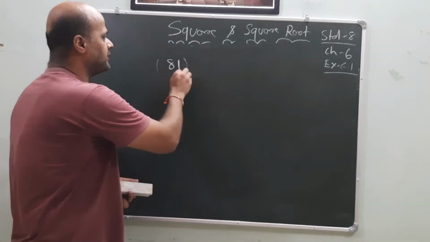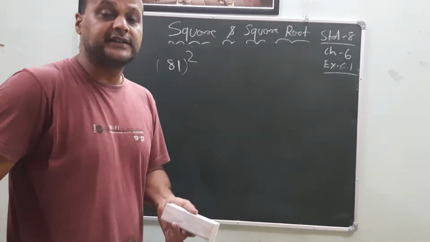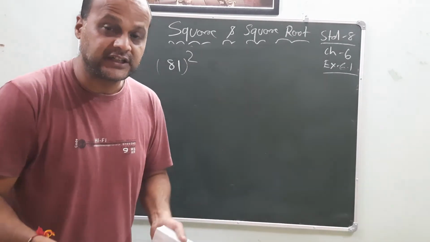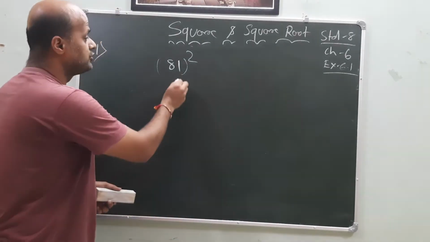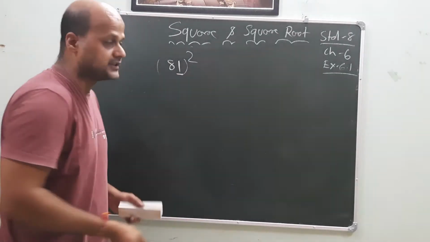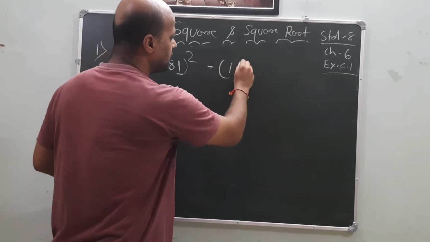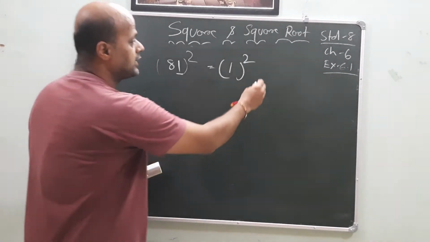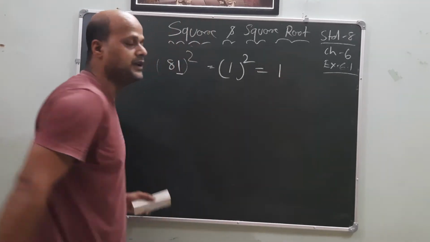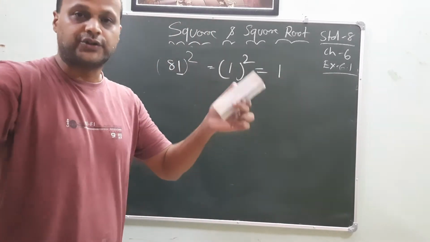Maybe whatever it will come, but you have to find out first what the unit digit is in that result. 1 is the unit digit. If I square the unit digit of 81, then 1 will come.